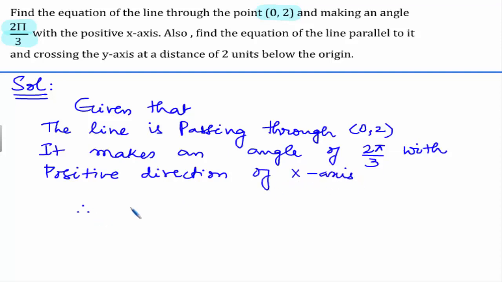So therefore, the slope of the line is tan 2 pi by 3.